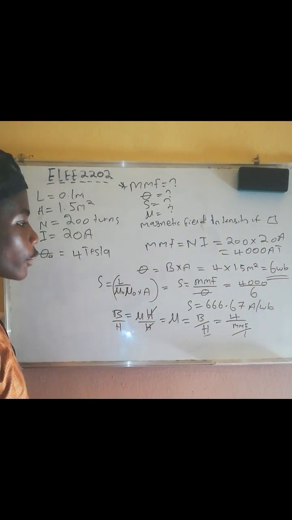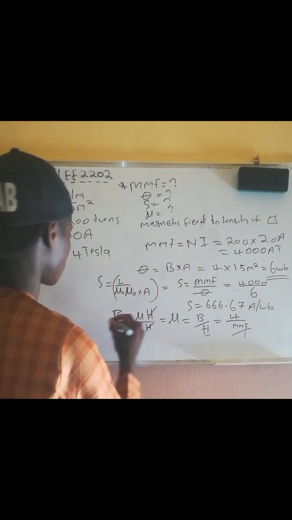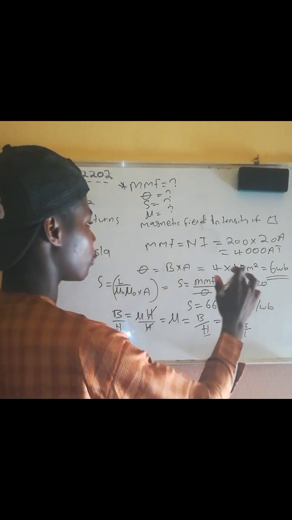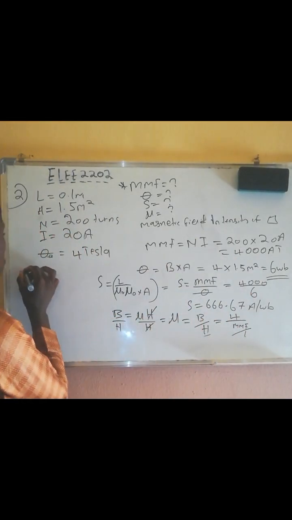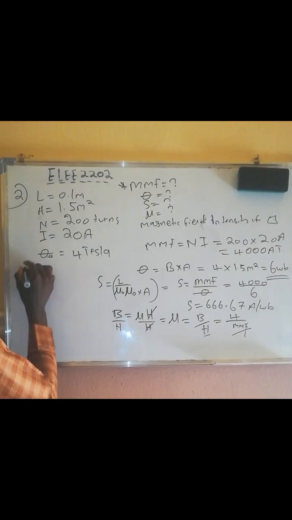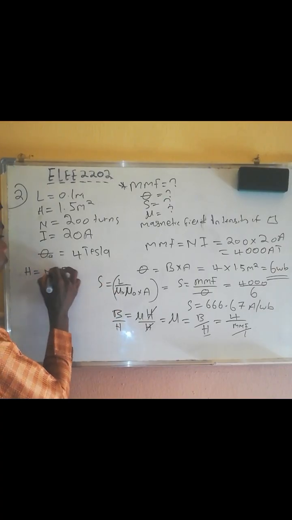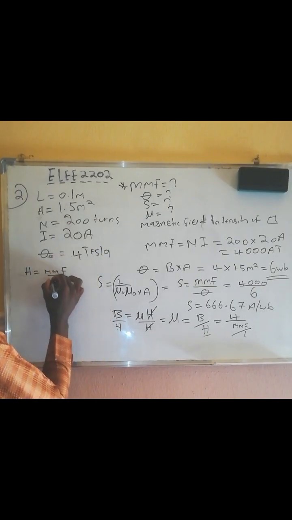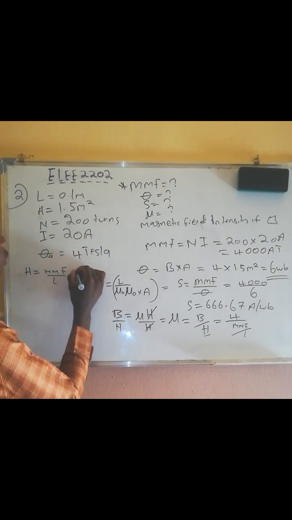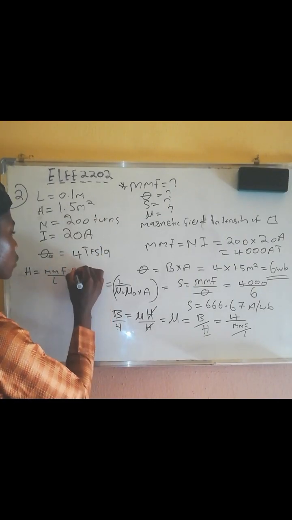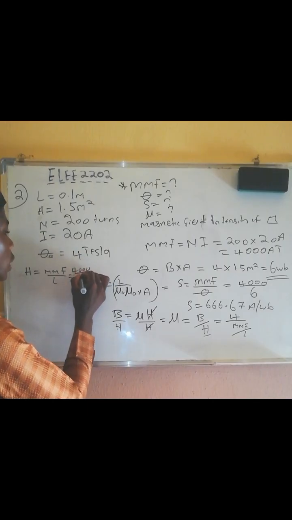Our length is 0.1. So H is the Magnetomotive force over the length L, which is 4,000 over 0.1.